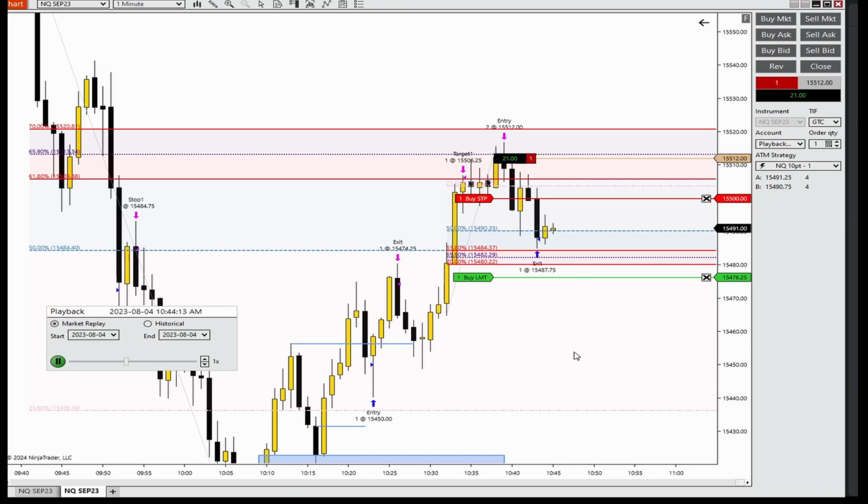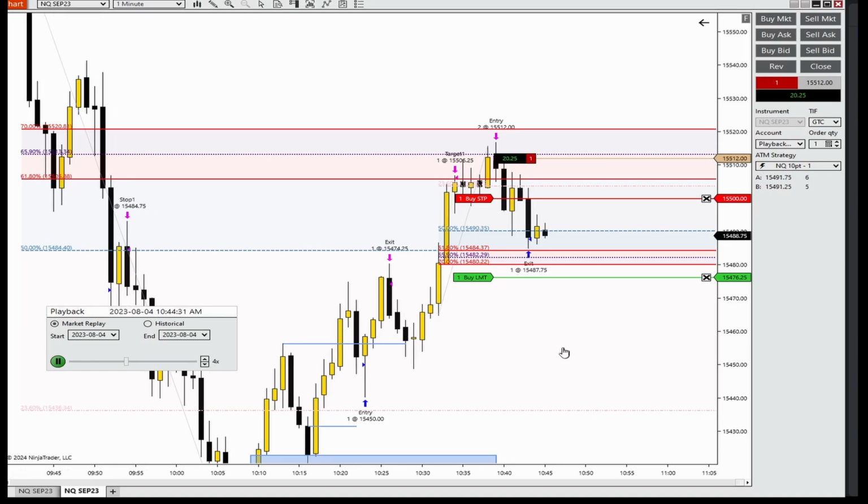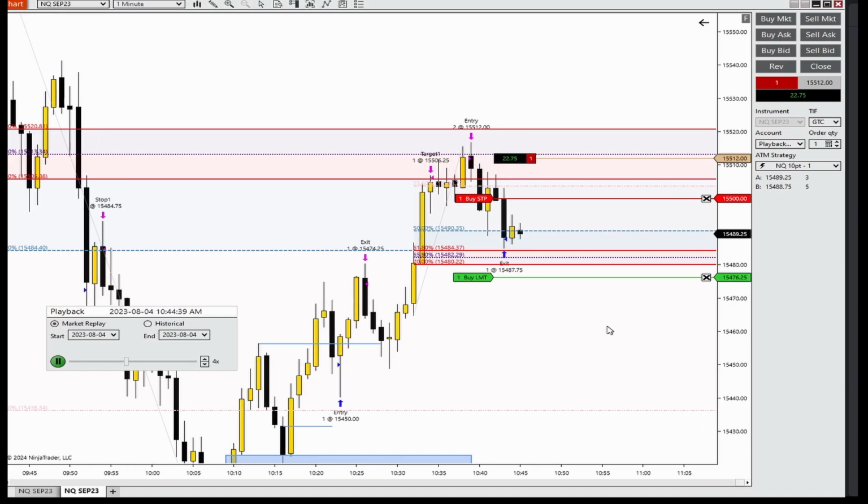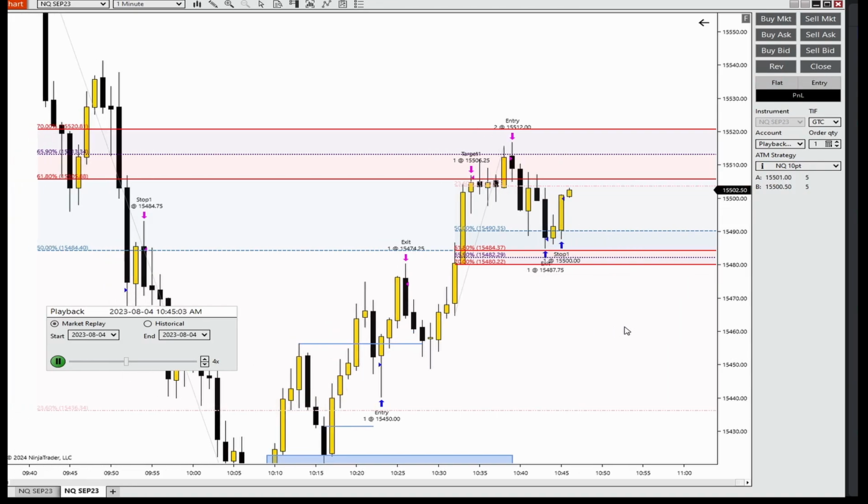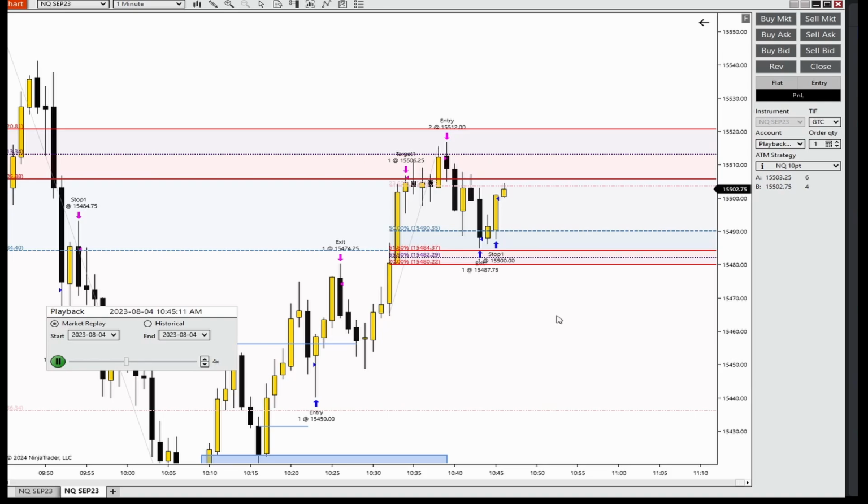Possibly. I'm going to speed this up. Let's see if we get our long trade out of this. Right, looks like we're getting inside candle. Okay, yeah, and stop. Okay.